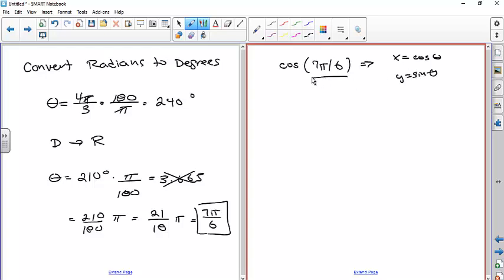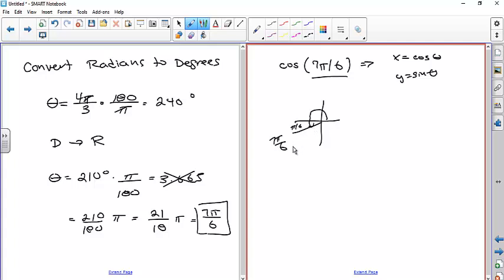So I'd look for this angle, 7 pi over 6. Hopefully you'd see it on there. It's going to be right down here. This is 6 pi over 6. Then you get another. So this is pi over 6 between here and here. Anyway, this is 7 pi over 6. So all you'd have to do is read off the coordinates.